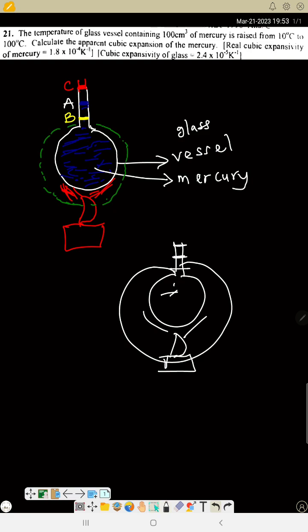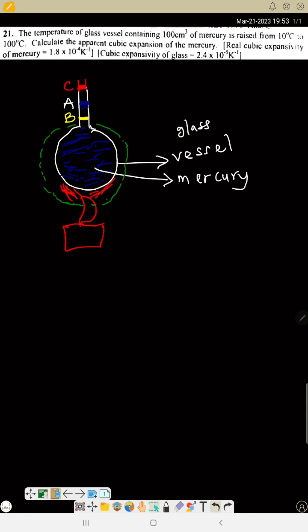But practically, this is what will happen: the vessel will expand and the liquid will go down first, and after some time it will increase. Because in real life we are not going to see the vessel expanding, the only thing we will see is that the liquid just rises from A to C.